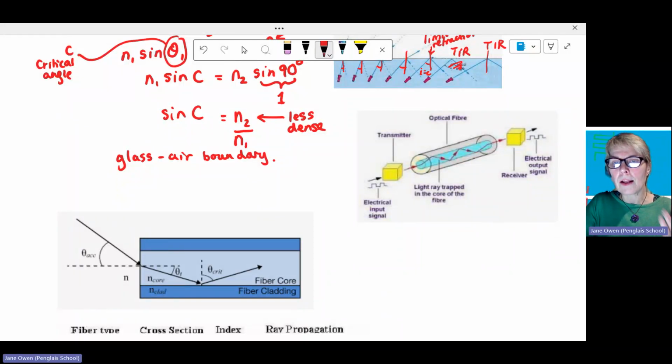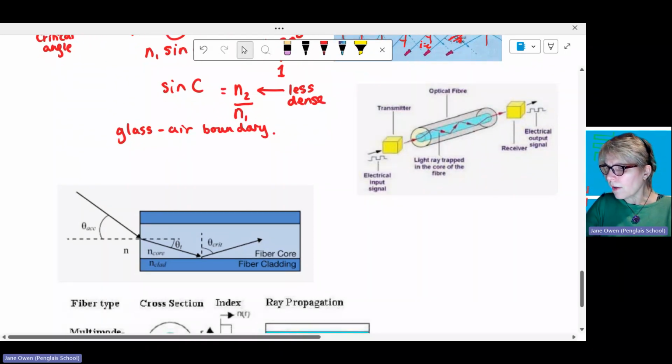It doesn't happen when the light bends towards the normal, because there's always somewhere for the light to bend. It's when the light bends away from the normal, when it's traveling from more dense into less dense, the light being faster in the less dense air.